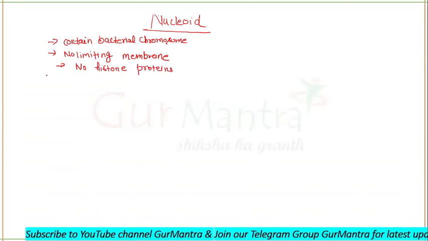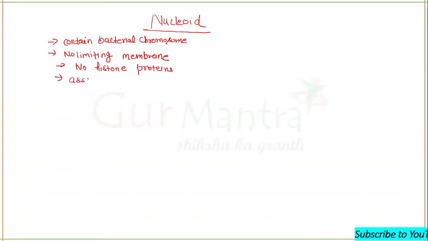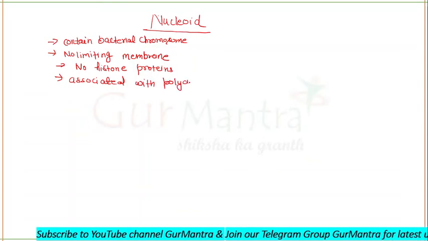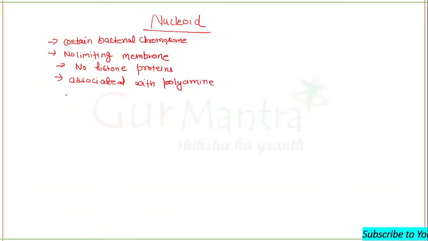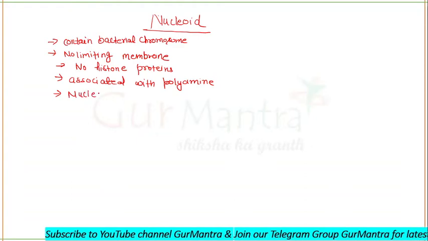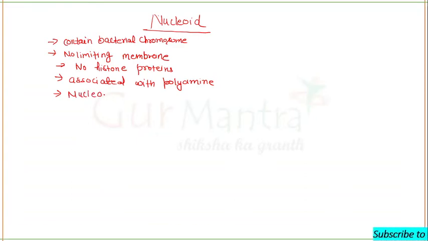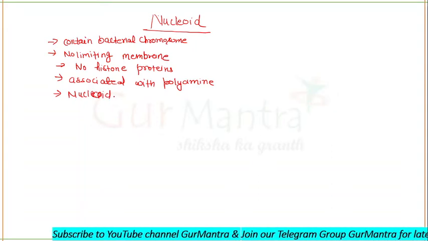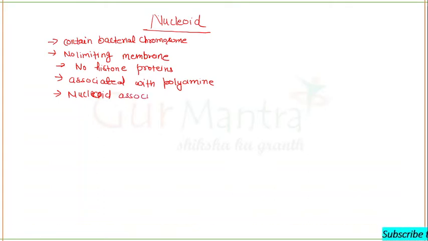Rather than histone proteins, it is associated with polyamines. Other than polyamines, there are some other proteins which are known as nucleoid associated proteins. There are no histone proteins, but there are nucleoid associated proteins, and they are named HU.